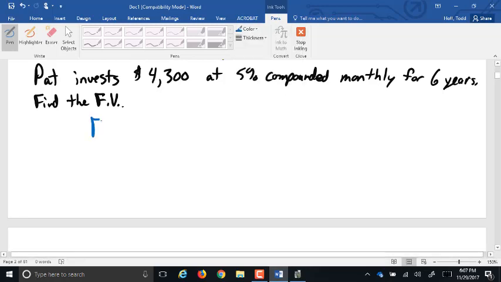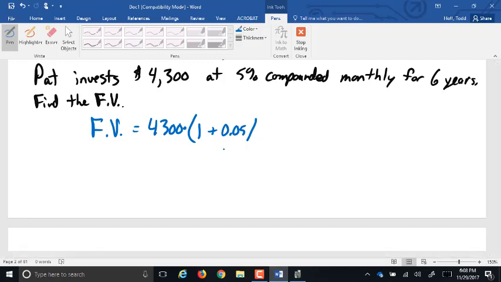So now remember, the future value here is equal to the present value, which is 4,300 times 1 plus 5% is 0.05 divided by how many periods are in a year in this one? 12, because it's compounded monthly.